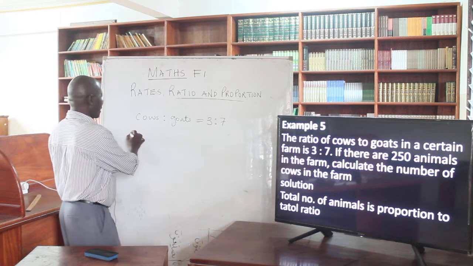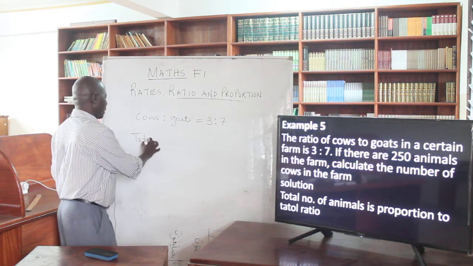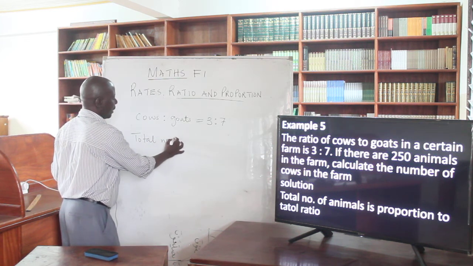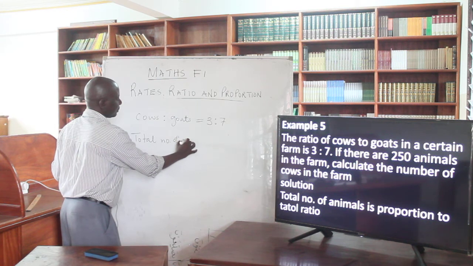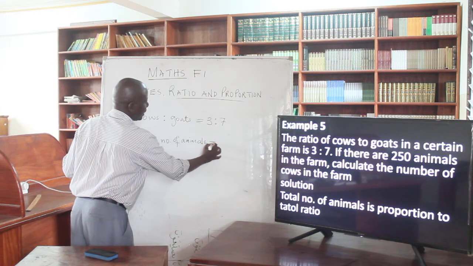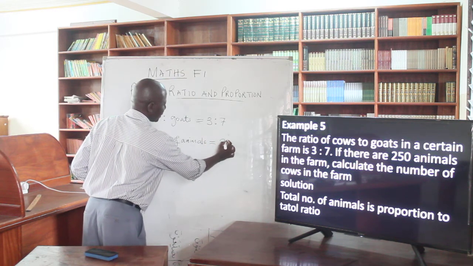So the total number, that is the goats plus the cows, will give the total number of animals, which is equal to 250.